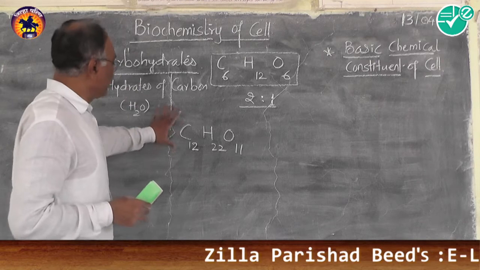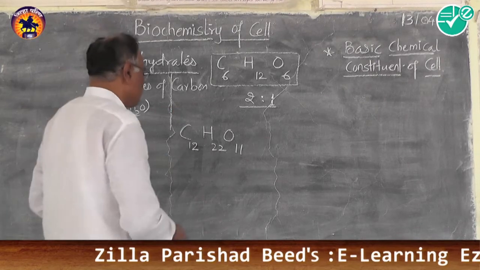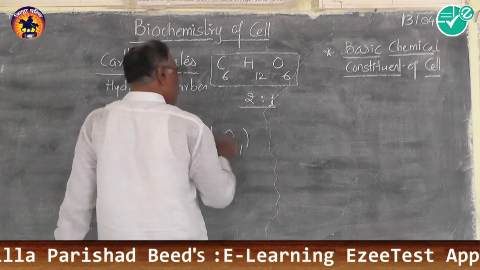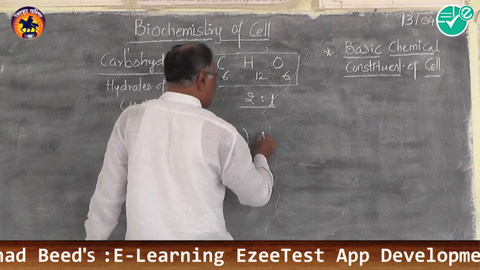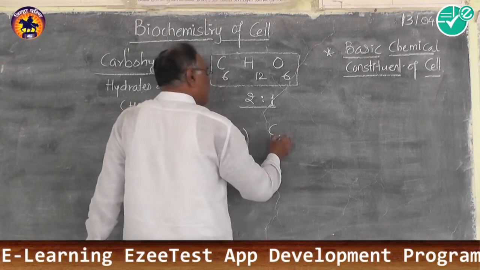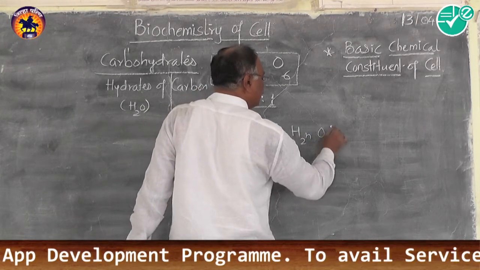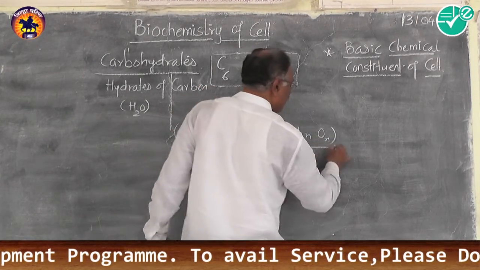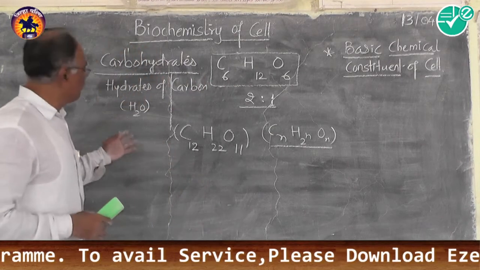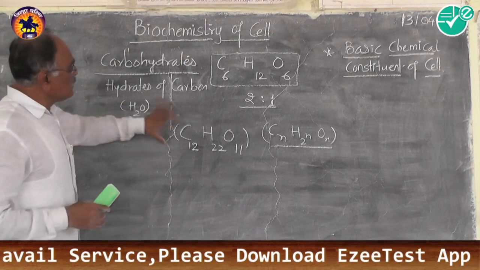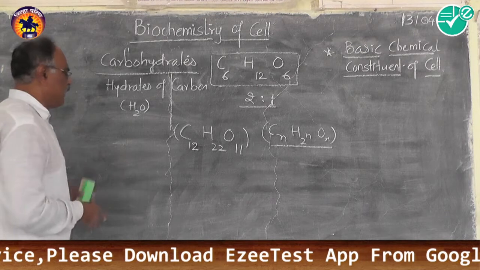This is the complex carbohydrate molecule. Instead of noting it like this, we may note this is a disaccharide molecule, CnH2nOn. This is the empirical formula of carbohydrate.